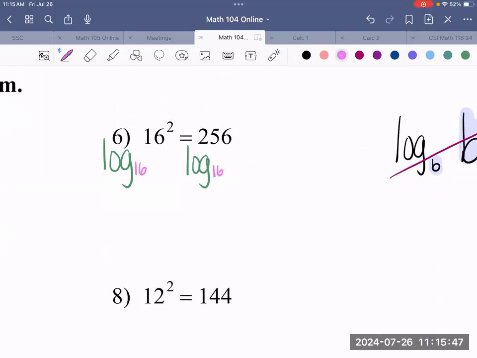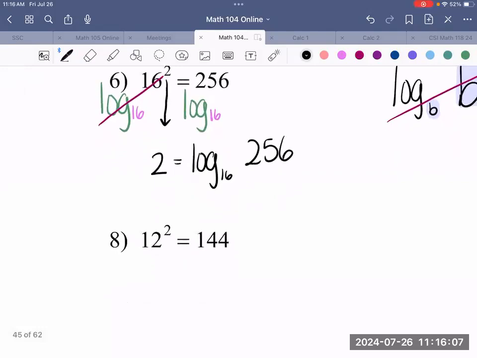We're going to write the same exact logarithm as the one before. The reason for that is that we get to cancel out the 16s and the logs, and your 2 gets to drop. 2 is equal to log base 16 of 256.